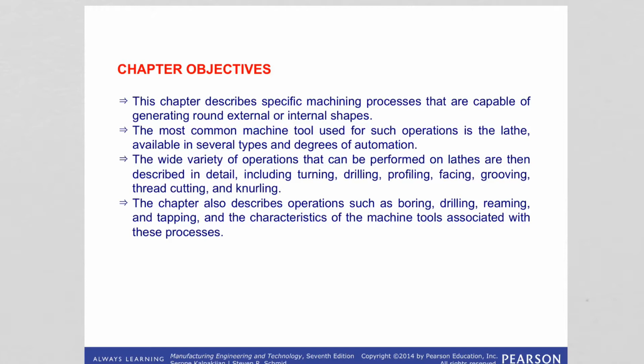And the most common machine tool used for these operations is the lathe, available in several types and degrees of automation. We're gonna learn about different types of operations that can be performed on lathes, such as turning, drilling, profiling, facing, grooving, etc. And then we will describe operations such as boring, drilling, reaming, and tapping.